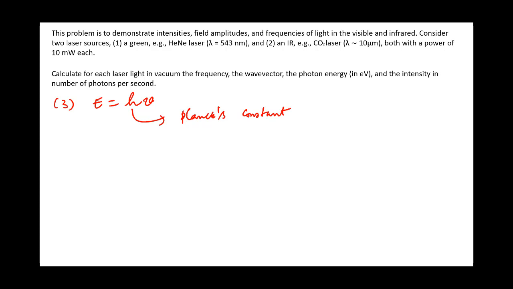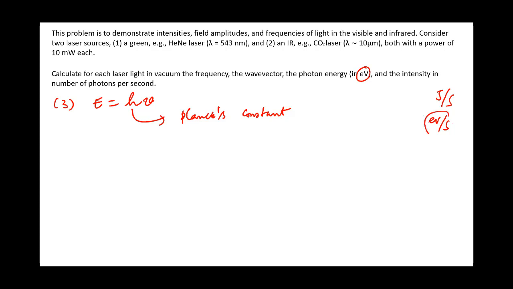So E is equal to Planck's constant times the frequency. You are asked to calculate in eV. If you look at Planck's constant values, you would have that in either joule second or eV second, different units for Planck's constant.